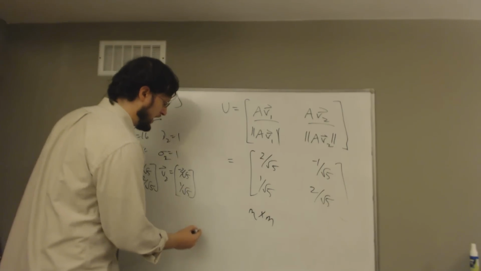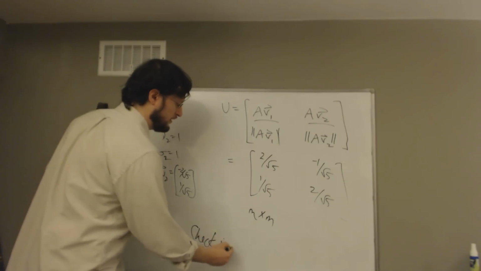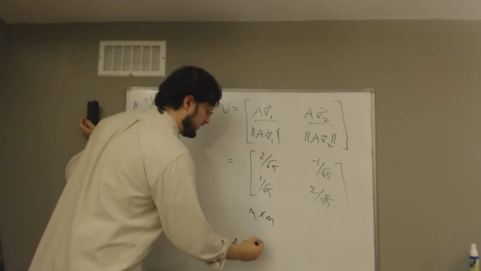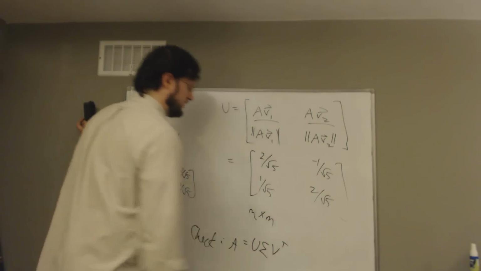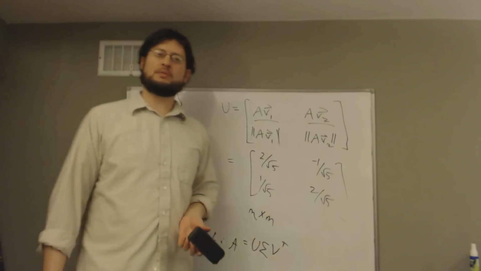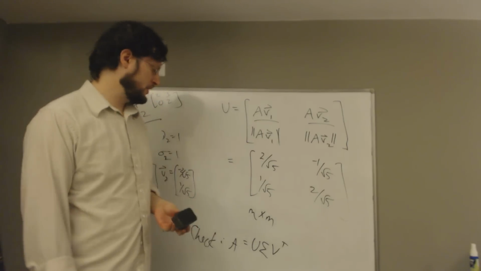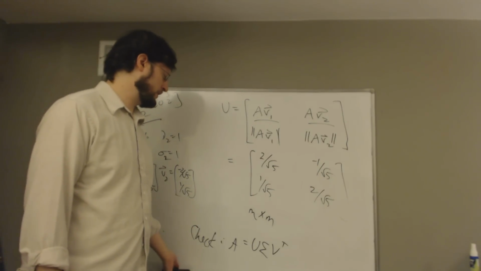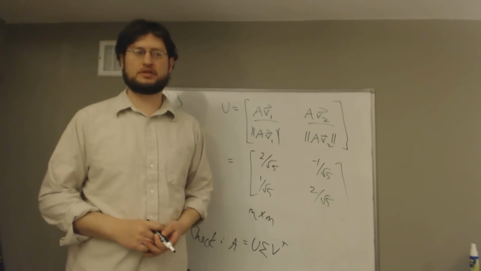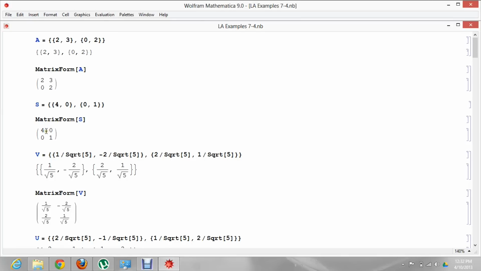All right, so now we will check that A is in fact U sigma V transpose. And we'll go over to Mathematica, put all of these things in, just multiply them and see what we get, and notice that it in fact works. All right, so I have used our Mathematica program to store the matrices that we've calculated, beginning with our matrix A that was the matrix we started with.